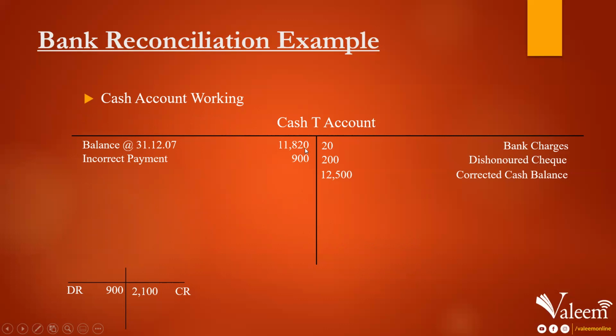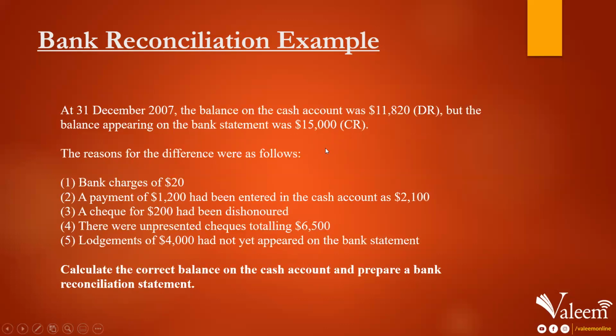This is what we need to start with. Then the first adjustment that we were required to make was bank charges of $20. So the bank has already charged this from our bank account. The simple treatment of this is to also charge it in our cash book. So this is a credit balance of $20 bank charges. We are entering it into the cash T account.